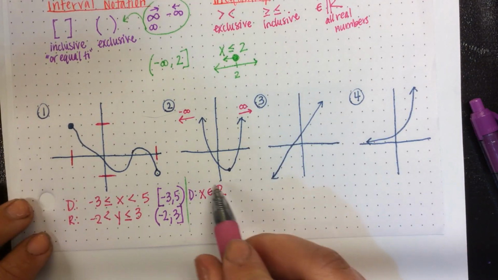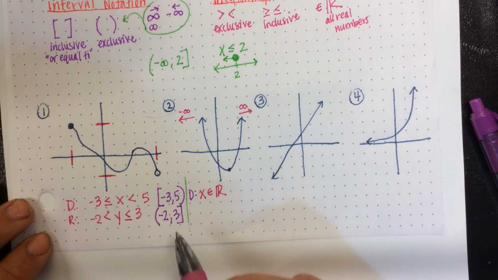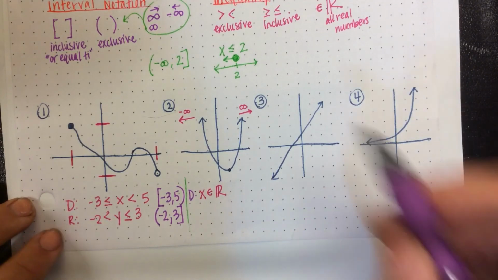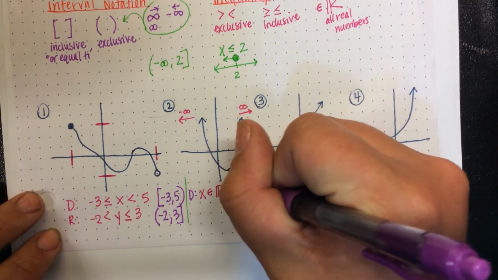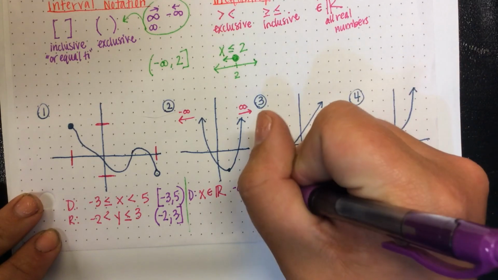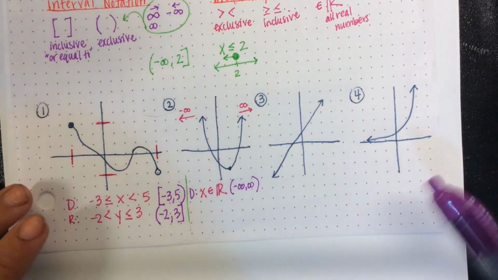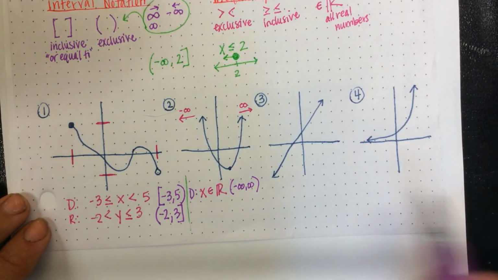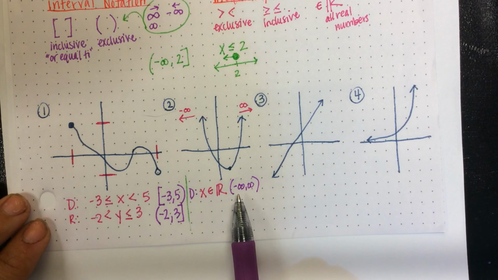That's everything. That's how we write every x value. In interval notation, I'm going from negative infinity to positive infinity, and infinities always get parentheses no matter what. Remember, negative will always be on the left. Never, ever, ever will it be on the right. So it's always negative infinity to positive infinity.